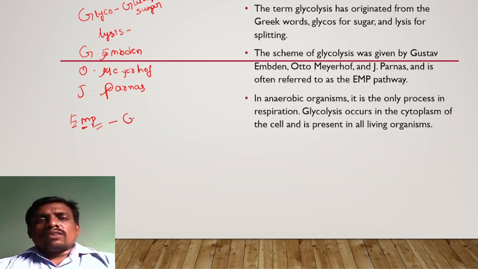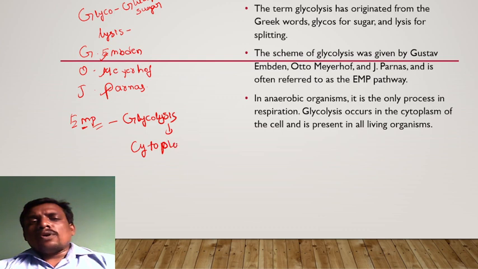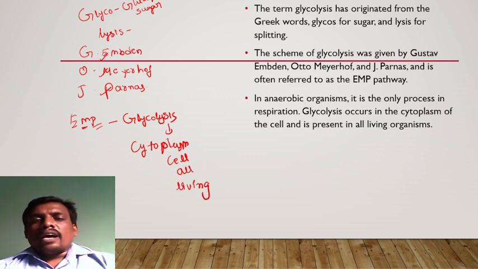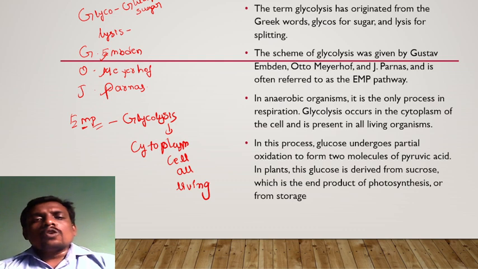If you take glycolysis, it is a complex process that occurs in the cytoplasm of the cell. Okay, and it is present in almost all living organisms, including plants and animals. In the process, glucose undergoes partial oxidation.